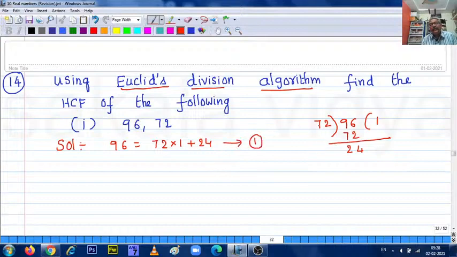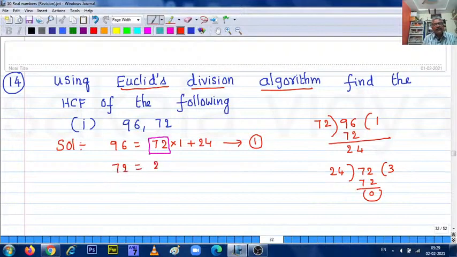Again, what shall you do now? Again, you need to apply on 72 and 24. 72 divided by 24. How long shall we continue? Till we get the remainder 0. 24 3s are 72. 0. Stop. So that means this 72 can be written as 24 times 3 plus 0, say equation 2.